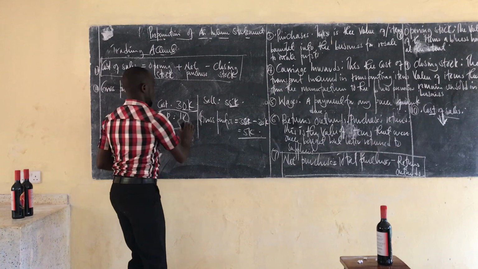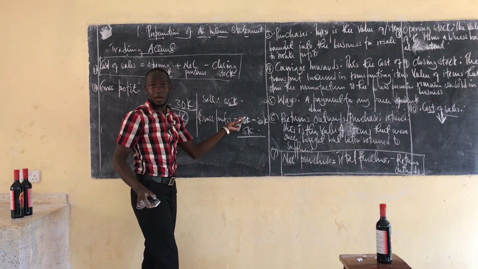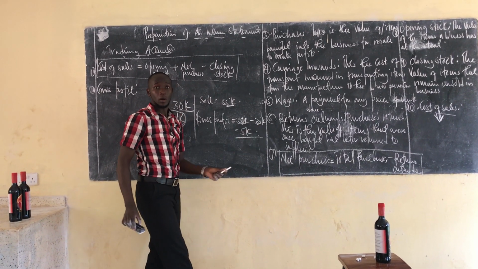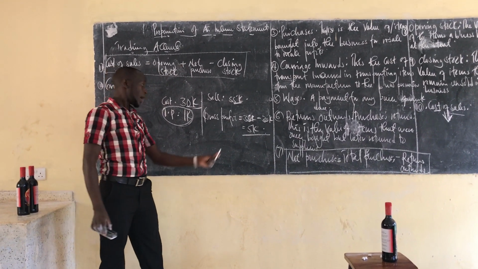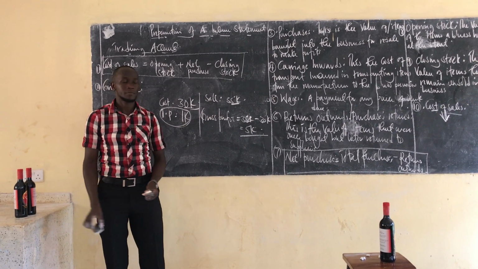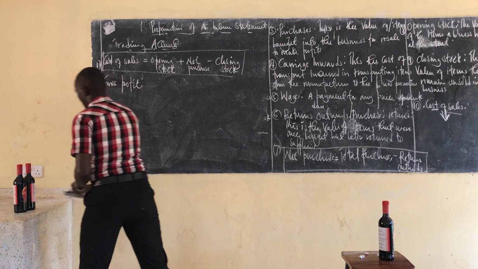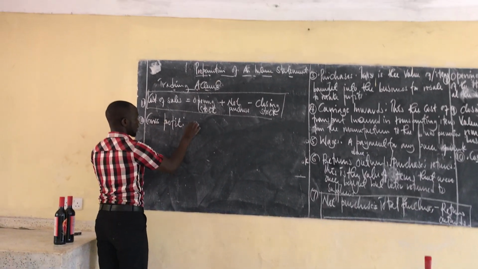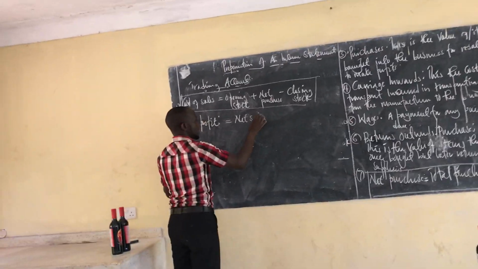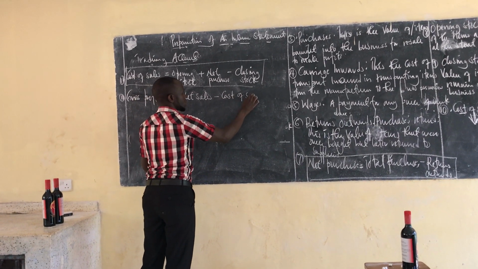So for gross profit, we get the selling price, what we call sales, and subtract the buying price, which we call cost of sales. The amount that we directly remain with becomes gross profit. Gross profit is calculated by getting net sales minus cost of sales.